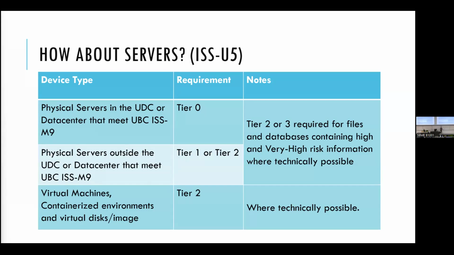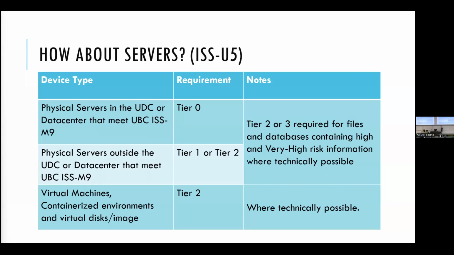You don't have to go and check this one unless you're working with a server in a data center. The requirement here is tier 0 if it's in the UBC data center, or essentially in AWS or Google Cloud or Microsoft Azure. These all meet the requirement of that standard, and the requirement is you don't need encryption.